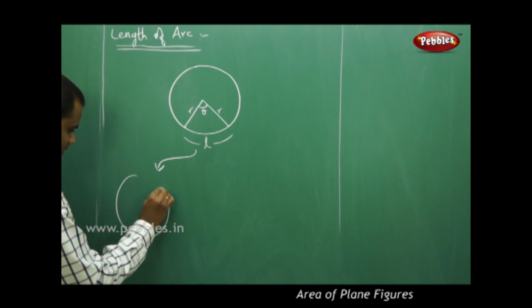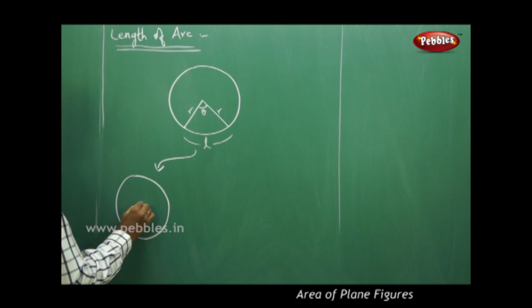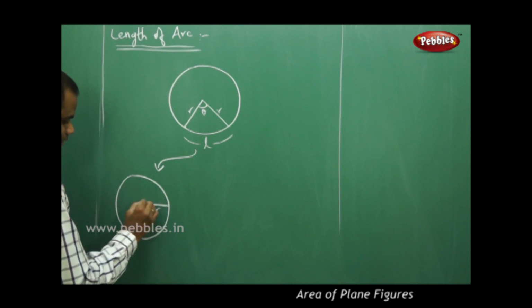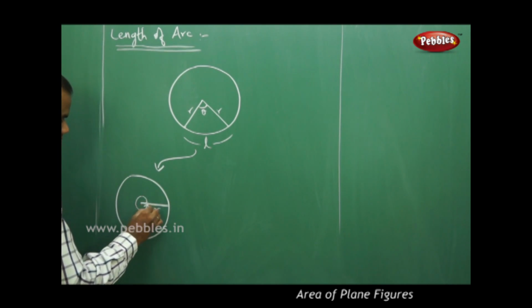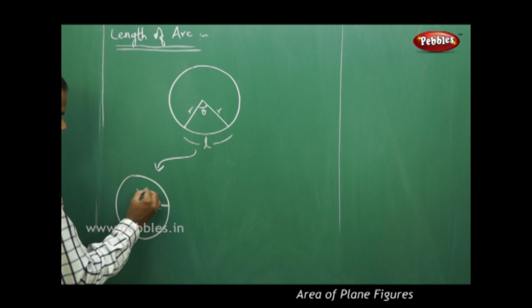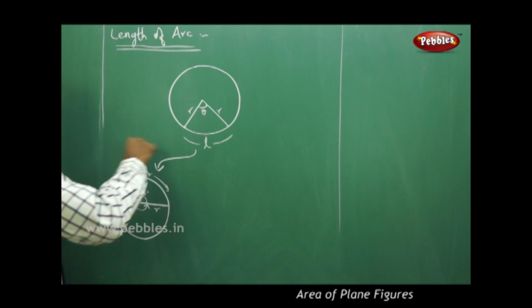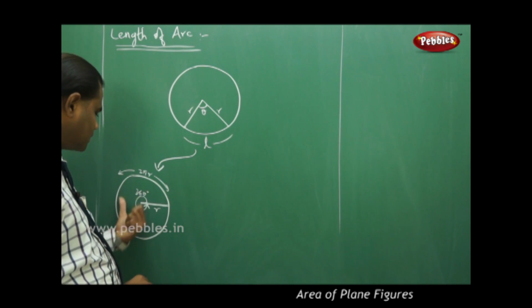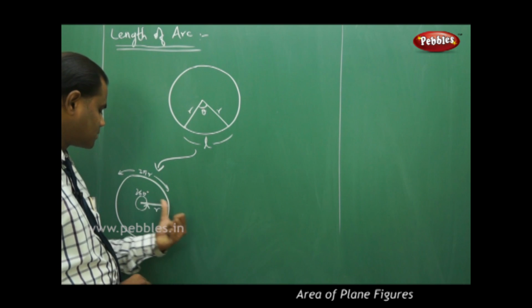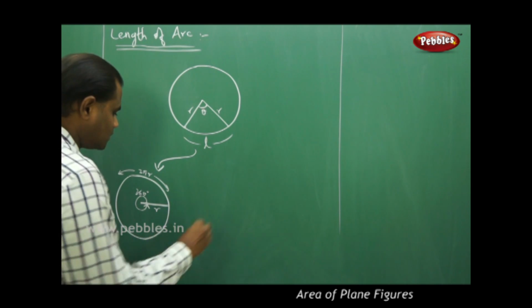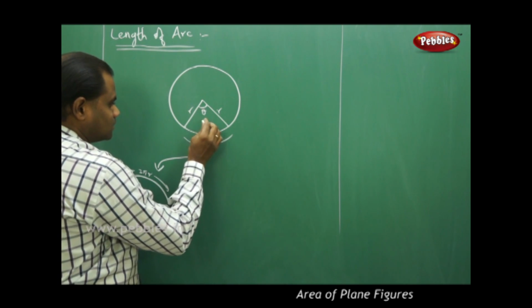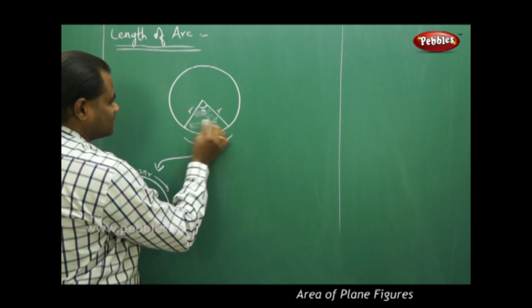Now let me take the circle independently, where the radius is r and the angle is 360 degrees and the whole of the circumference is 2 pi r. So the whole of the angle is 360 degrees and the radius is r. Now let me take part of this circle, which is a sector, in this form.